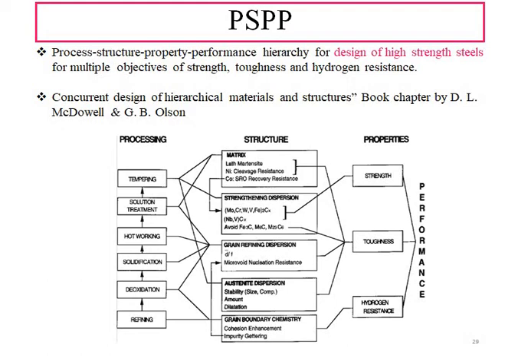And in fact, how are these structures made? They are made by various processes or a combination of various processes, not all together, some processes. So this process determines what the structure should be, and the structure determines how the property should be, and these properties will decide how an element or a material should perform.